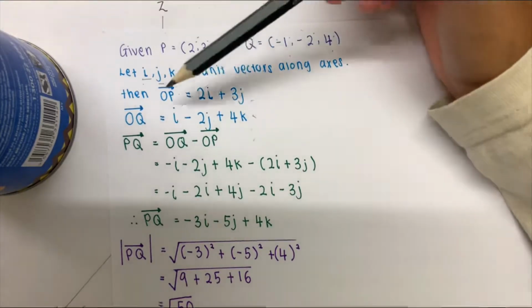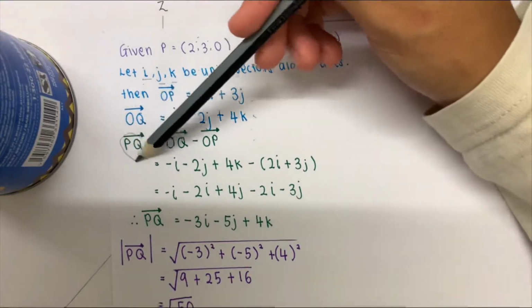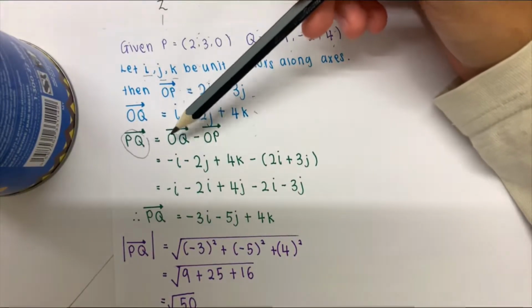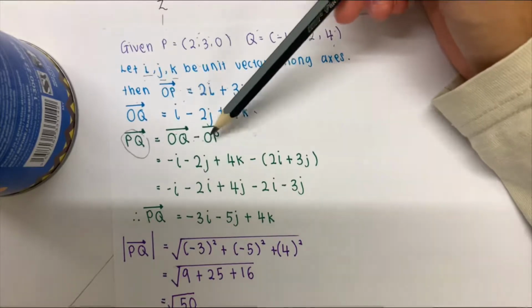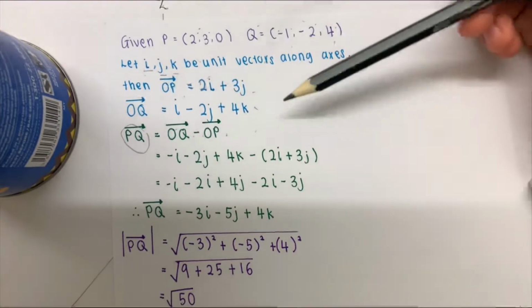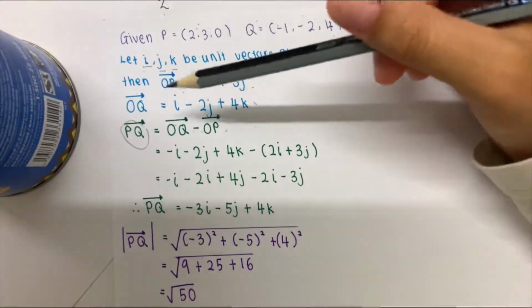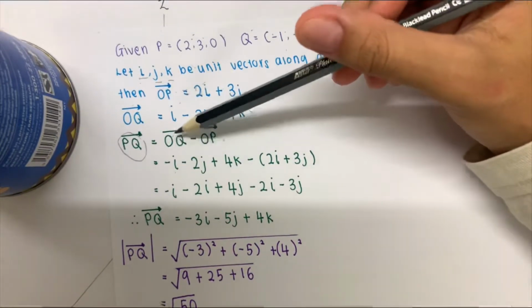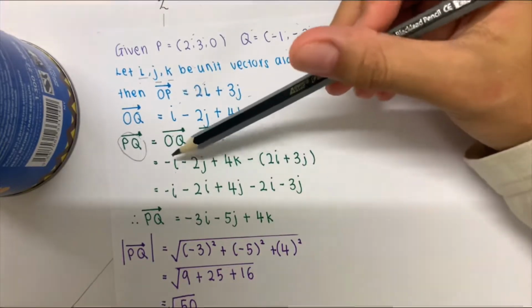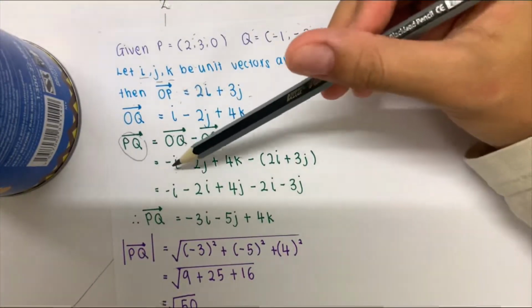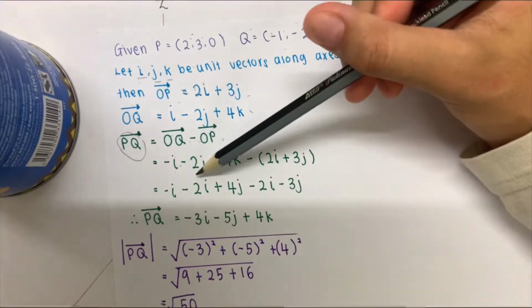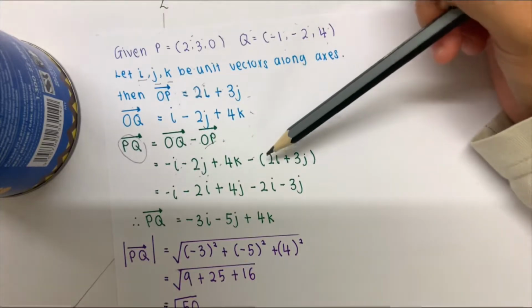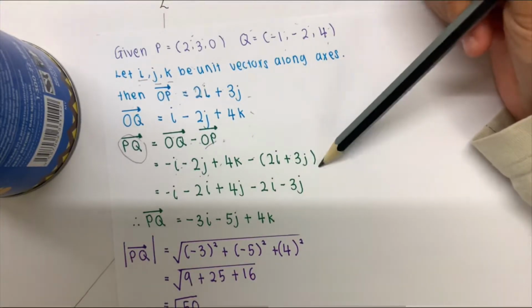So the formula is, to get PQ, we need OQ minus OP. So we need to fill in the subject with negative i minus 2j plus 4k minus OP. OP is 2i plus 3j.